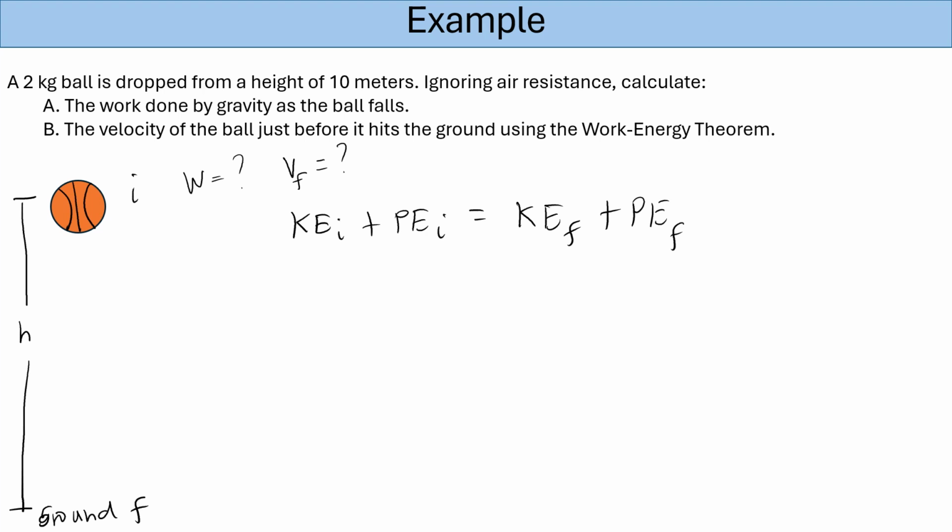Since the ball is just dropped, its initial velocity is 0, and that would mean our initial kinetic energy will be 0 as well. When this ball finally reaches the ground, our h is equal to 0, meaning our y final will be equal to 0.